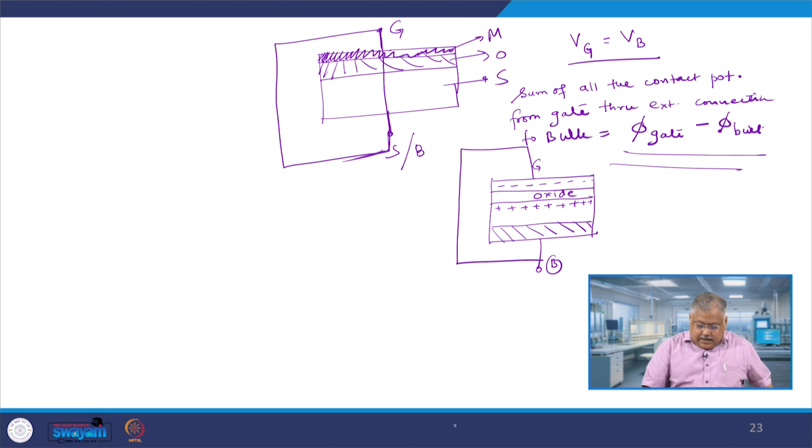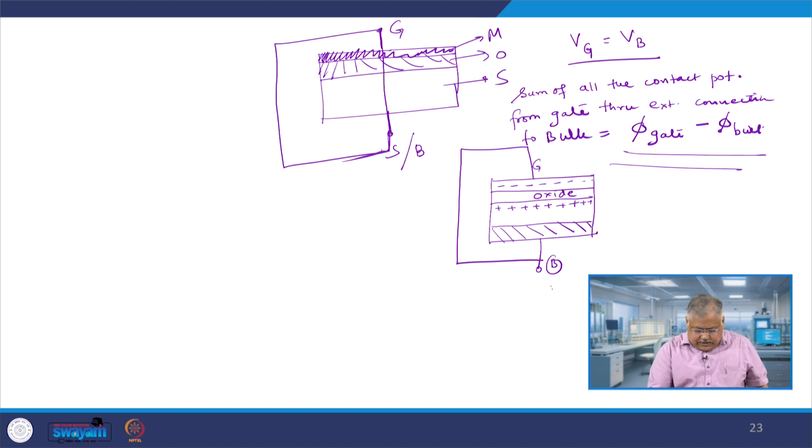Once you have done that, let me ask you a question and see how you can answer, or you can think about it. Can we apply an external bias between gate and bulk so that I will be able to make this net charge disappear? My net charge is still 0. By applying an external bias, can I effectively remove these negative charges and positive charges, right.